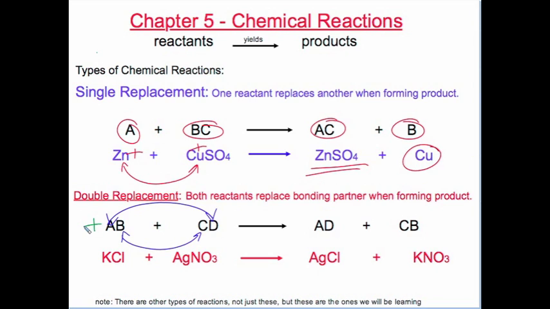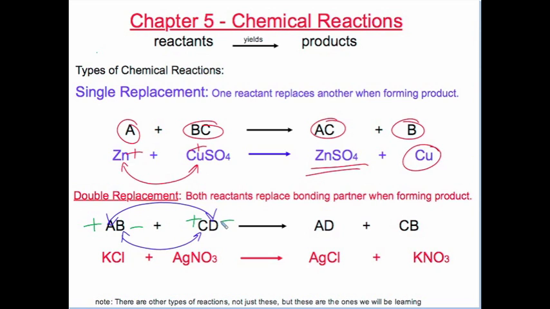We know that will happen because A is positive, B is negative, C is positive, and D is negative. So the positive A ion has to bond with the negative D ion, and the positive C ion has to bond with the negative B ion.